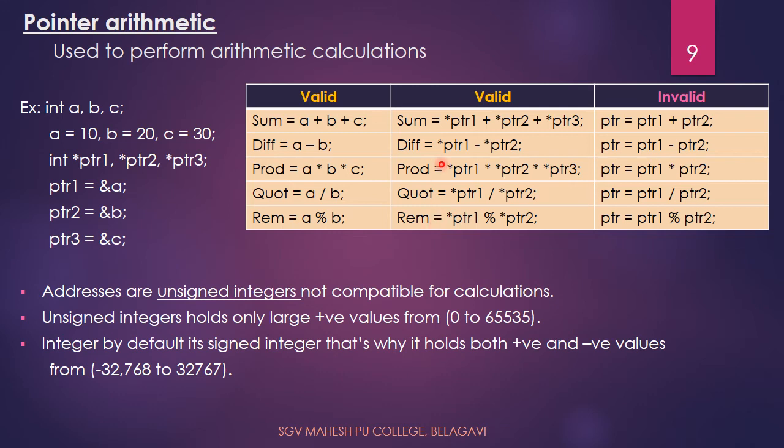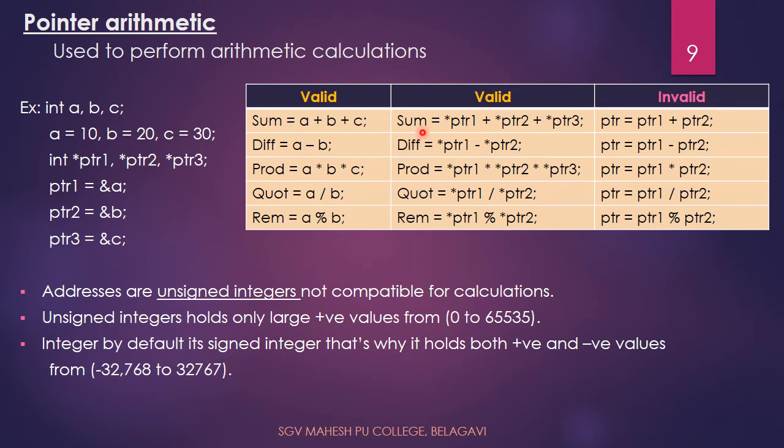But the thing is, I'm trying to add the pointer values, that is star ptr1, star ptr2, star ptr3. So ptr1, ptr2, ptr3 are holding the addresses of A, B and C. When I say star, it means the content present in A. The content here is 10, 20 and 30.